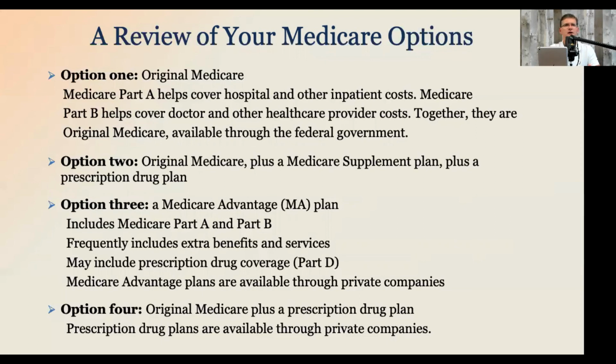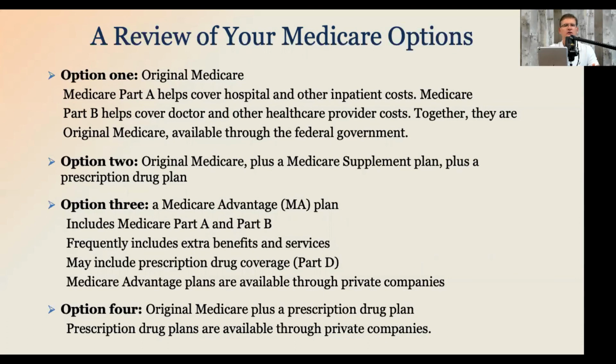Option 3, a Medicare Advantage plan. It includes Medicare Part A and B, and frequently includes extra benefits and services. It may include a Part D drug plan as well. And those Medicare Advantage plans are available through private companies. And then you have option number 4.